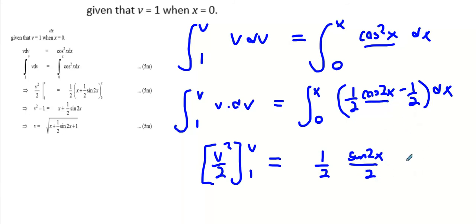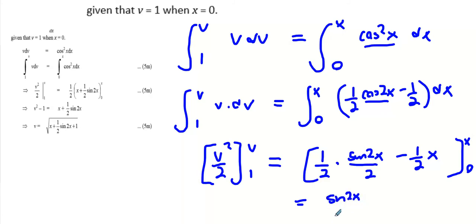Then when you integrate a half, you get a half x. This half belongs to the cos 2x, so it's actually sin 2x over 4 plus a half x, from x to 0.